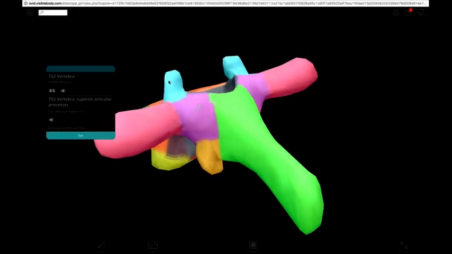This is known as the articular facet, a smooth area lined with hyaline cartilage. Okay, those are where the vertebrae actually articulate or form a joint with each other.